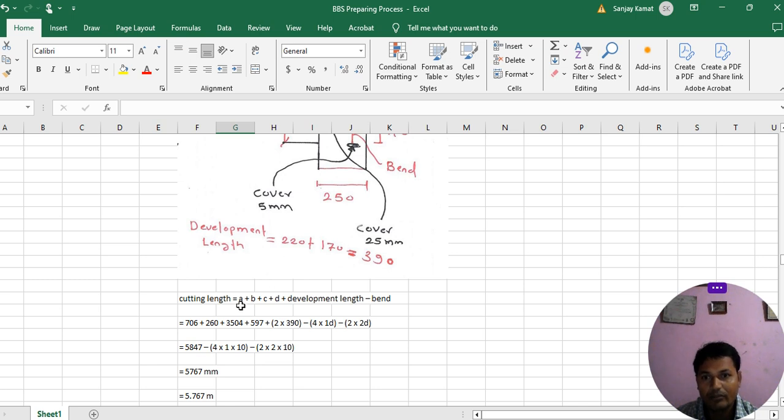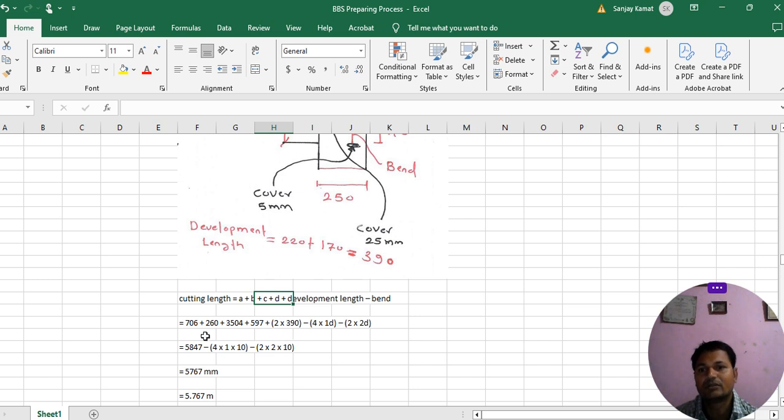A part we have calculated, B part also, C part also, D part also we have calculated. Now we have to add the development length, and minus bend. How much we have bent, that part we have to take here. Now that we have all the values, substitute them here.